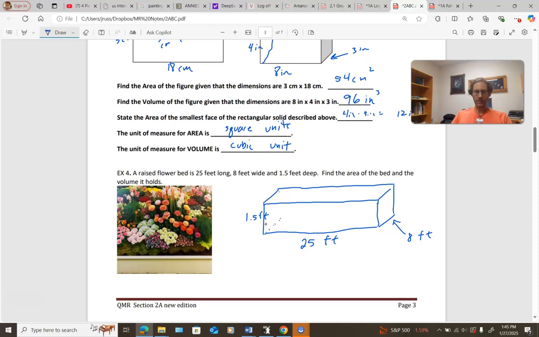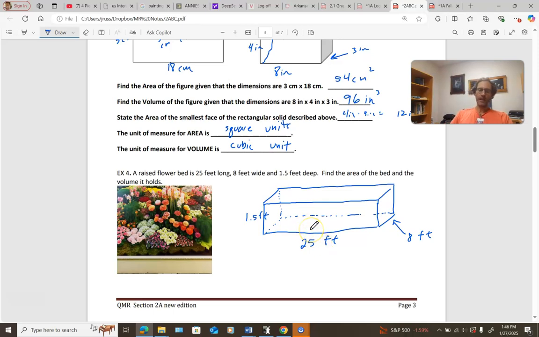Okay, you can't see this face, nor can you see the back side or the bottom face. Well, when they ask for the area, they're literally meaning this bottom. How big is the bottom? How much area would this take up on the ground if you were to put it in your backyard?